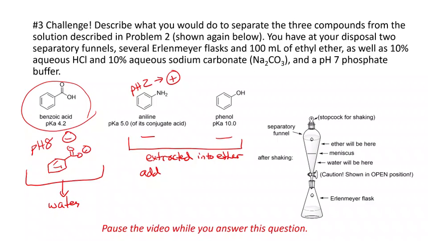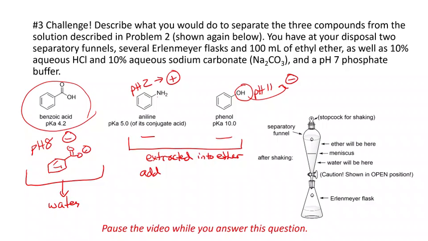Another alternative would be that if we were to go to an even higher pH, like 11, then we could pull this hydrogen off the phenol and make its anionic form. So we actually have some options here. We can either go acidic and make the NH2 positive as an NH3 plus, or we can go to a much more basic solution and take out the phenol first. It's really up to you.